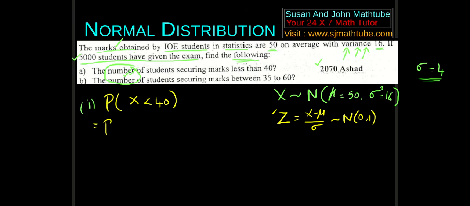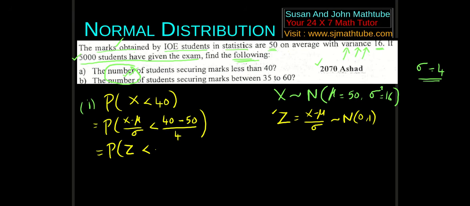That will be equal to probability of (x minus mu) by sigma less than (40 minus 50) by 4, that is probability of Z less than negative 10 by 4, which is 5 by 2, which is 2.5.